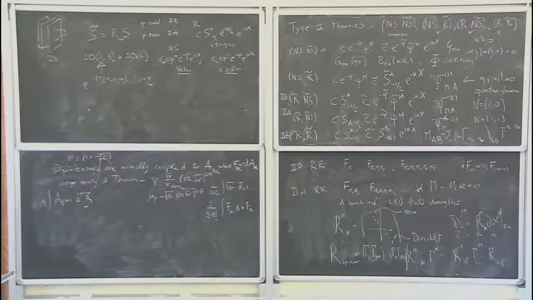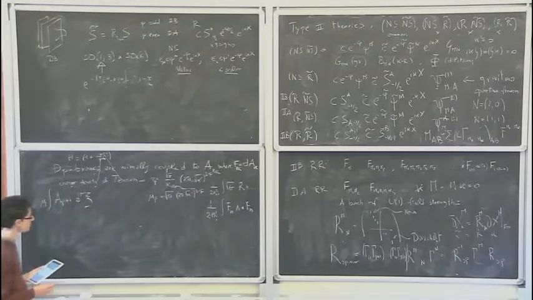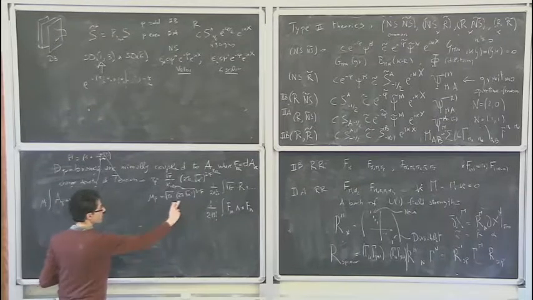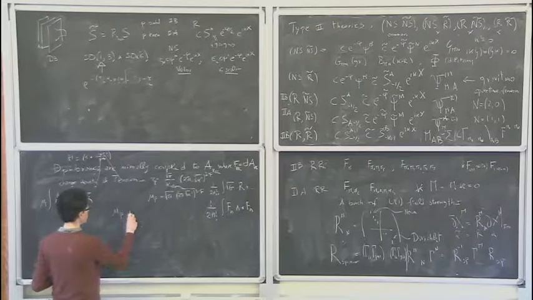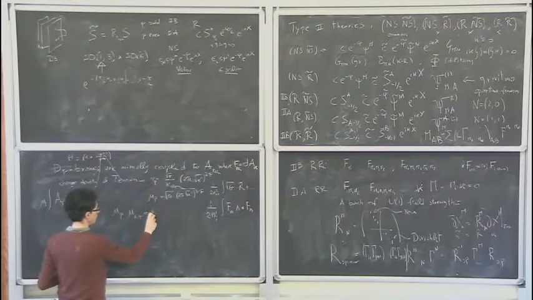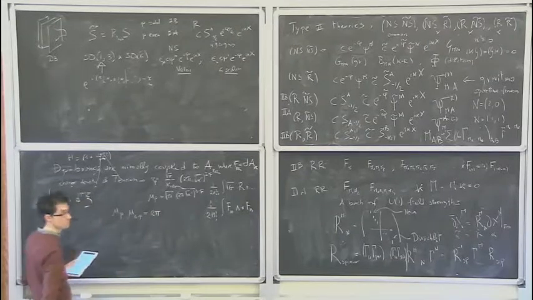So the observation Polchinski gave is very nice: if you take this explicit result and do mu_p times mu_{6-p}, that's equal to 2 pi.